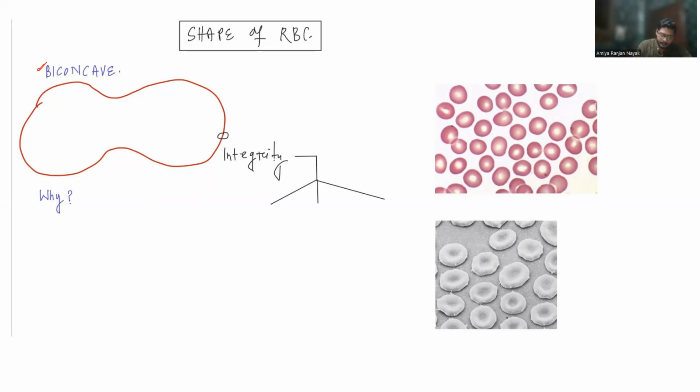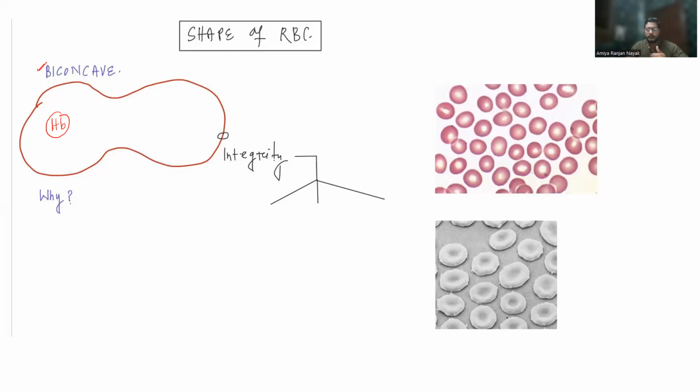RBC is filled with hemoglobin, but the hemoglobin content inside the RBCs is less compared to its surface area. So they have a bigger surface area, a bigger volume, and the amount of hemoglobin is less. That is why the entire structure of the RBC is not completely full. So that is why the RBCs take the shape of a biconcave disc.